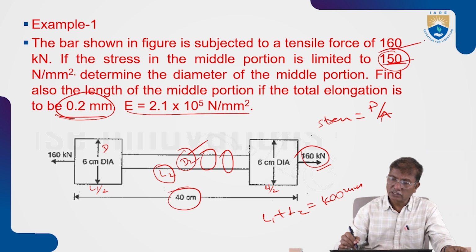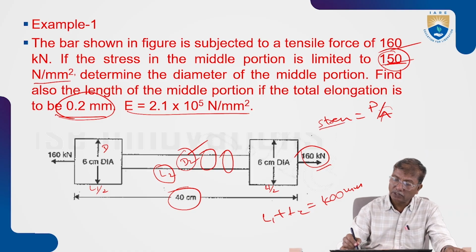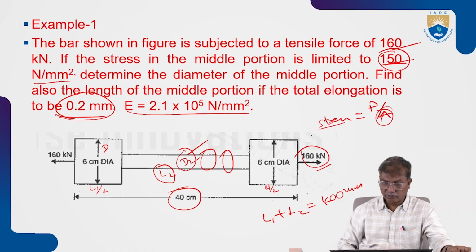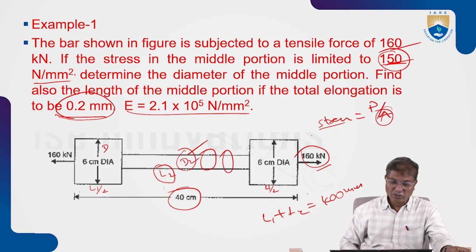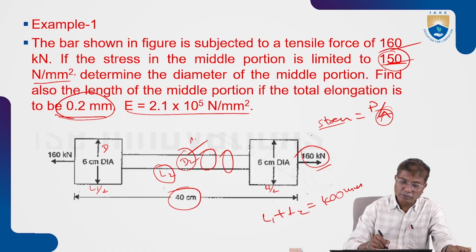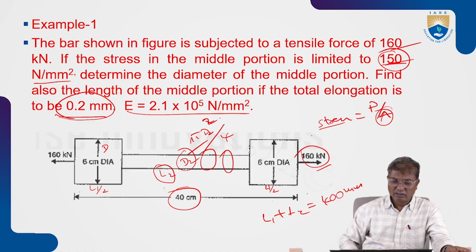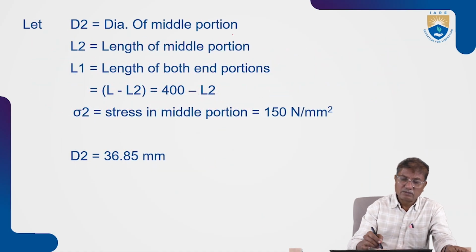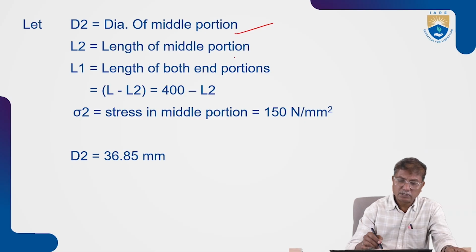The force is 160 kilonewtons and the stress is 150 Newton per mm square. So we can find the area and from that the diameter. The area of this is pi d2 square by 4, so d2 is the diameter of the middle portion and L2 is the length of the middle portion.